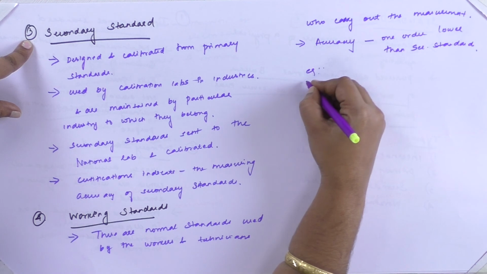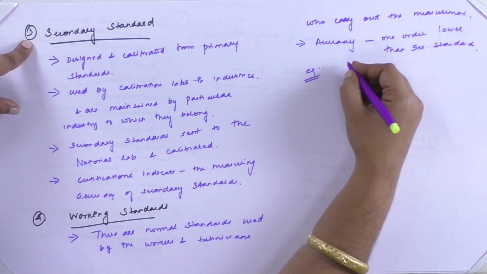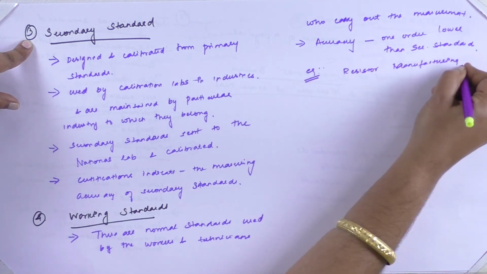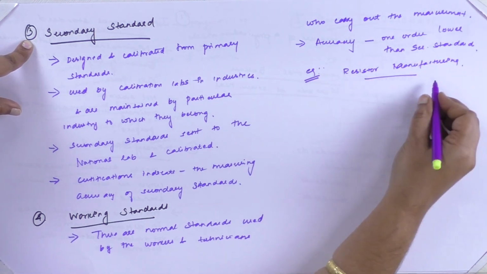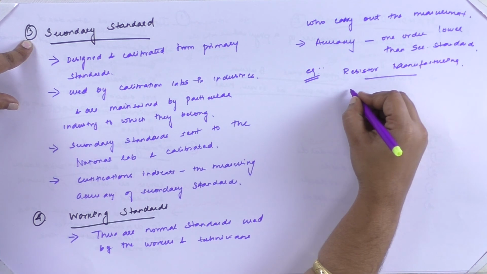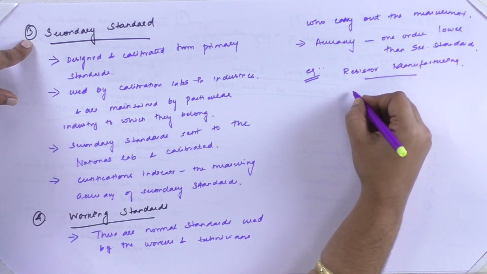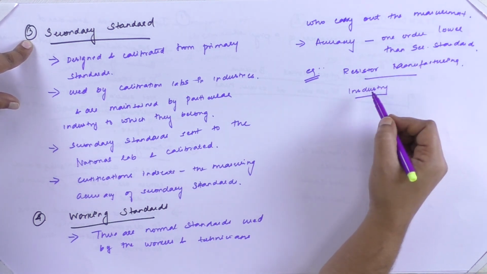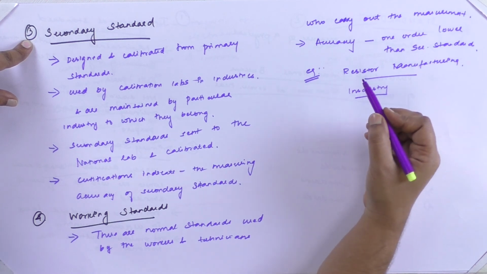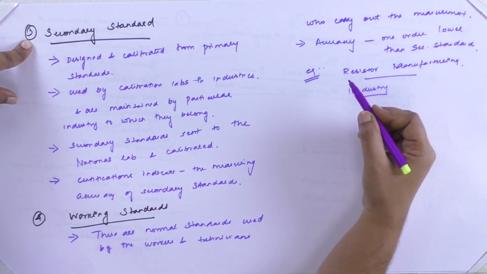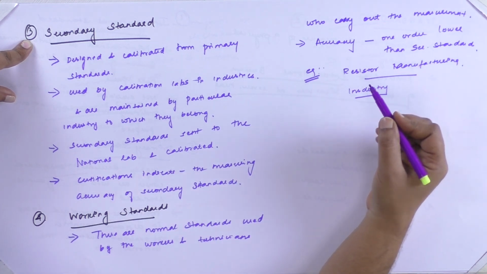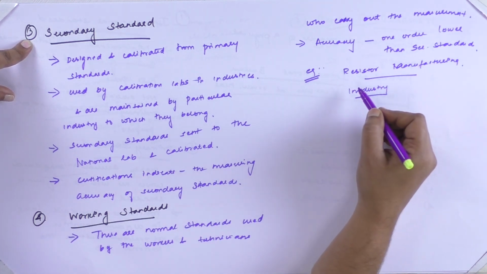The example for this working standard: there is a resistor manufacturing company. The industry is manufacturing resistors. So, they have to calibrate their manufactured resistors with a well calibrated standard resistor.